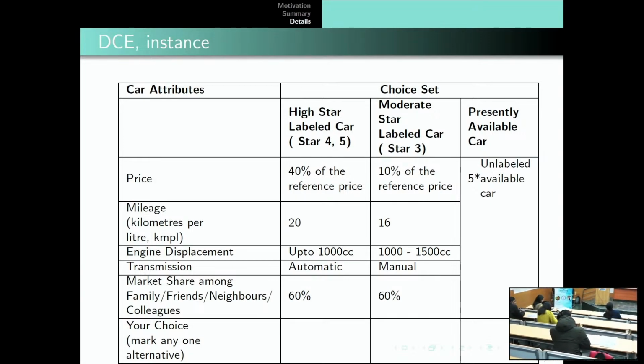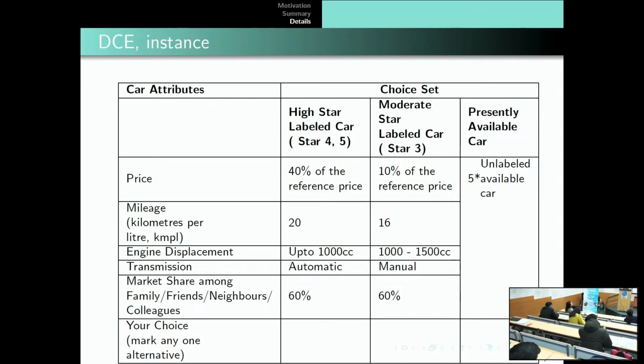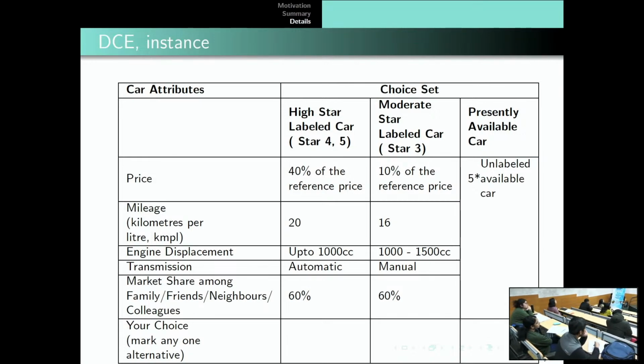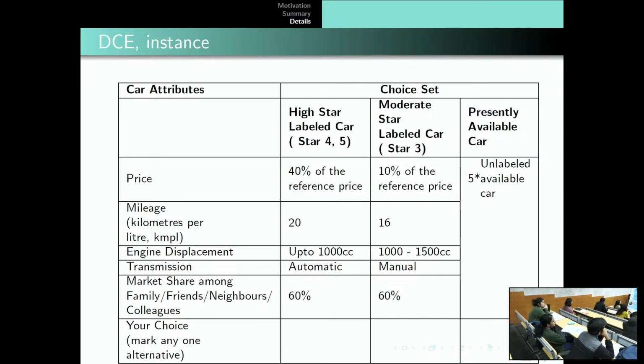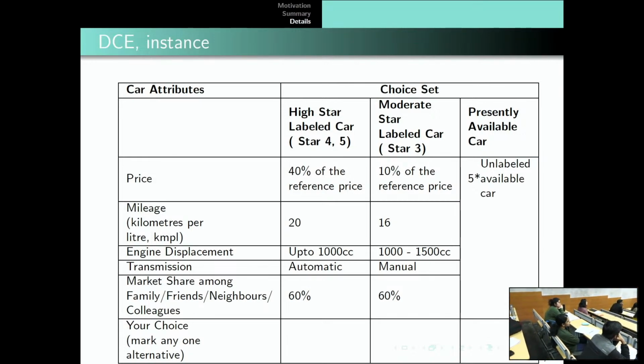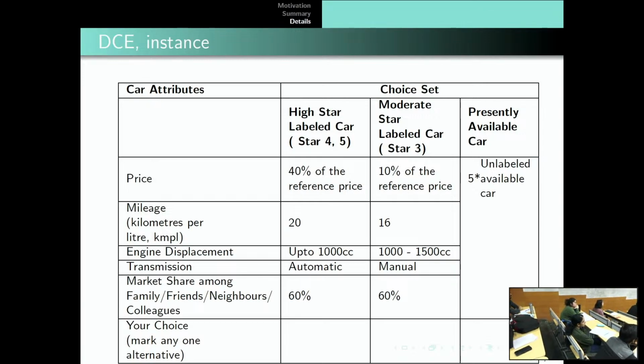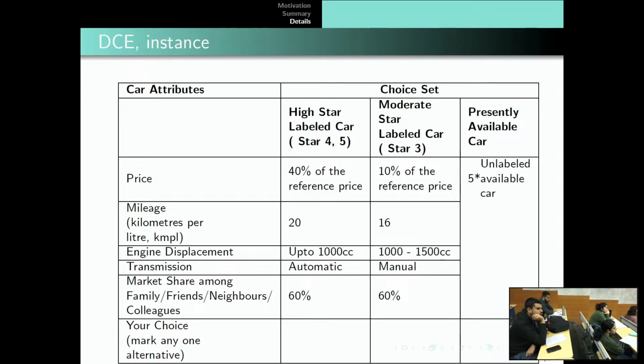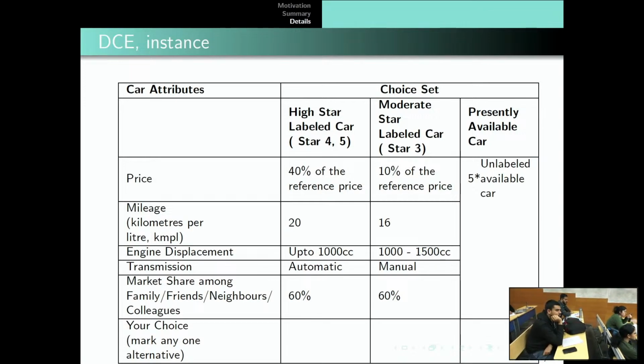The other difference of our discrete choice experiment, of our design, in this case versus the two examples yesterday, is that this is called label design. By label, we mean what is on the top.